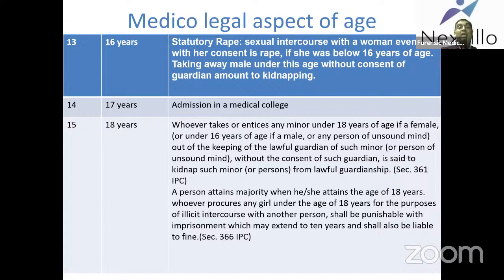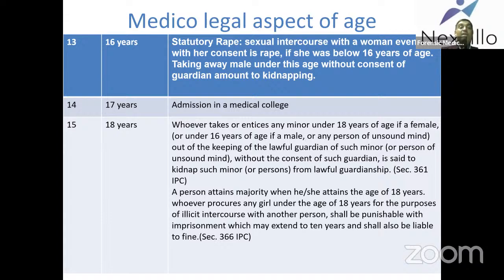A person attains majority when he or she attains the age of 18 years. Whoever procures any girl under the age of 18 years for the purpose of illicit intercourse with another person shall be punishable with imprisonment which may extend to 10 years, and shall also be liable to fine, according to Section 366 Indian Penal Code.